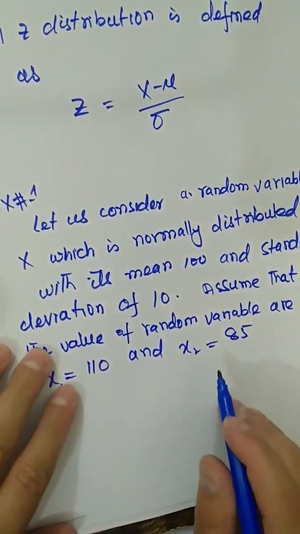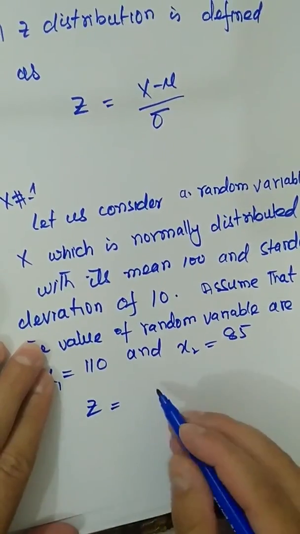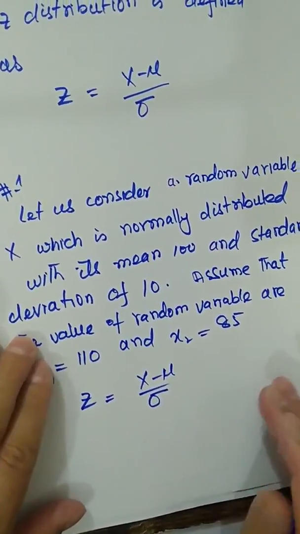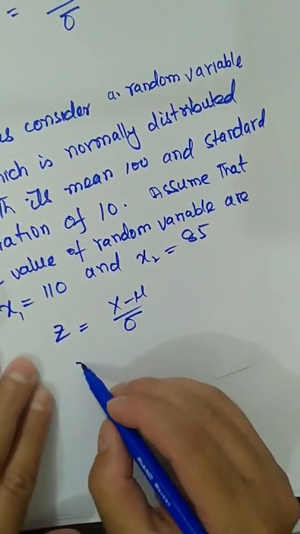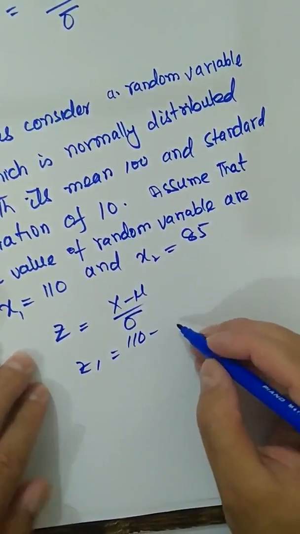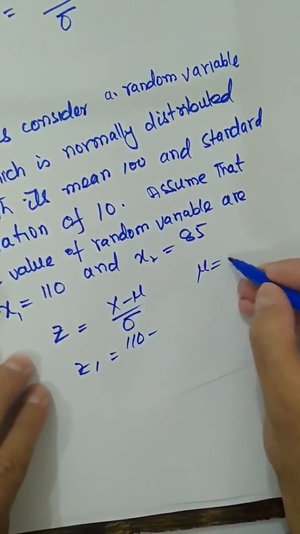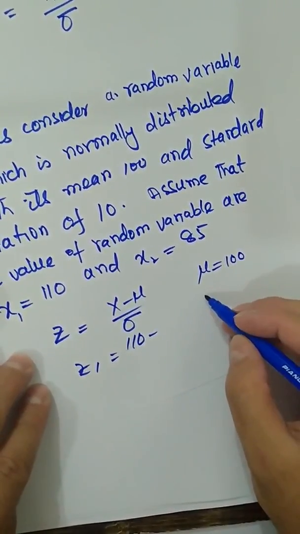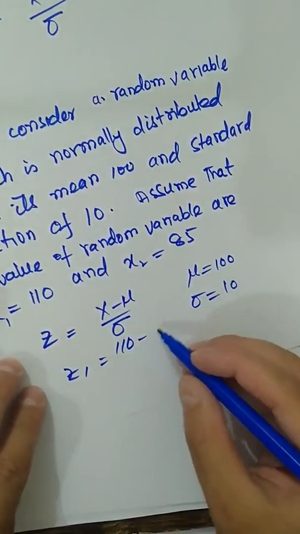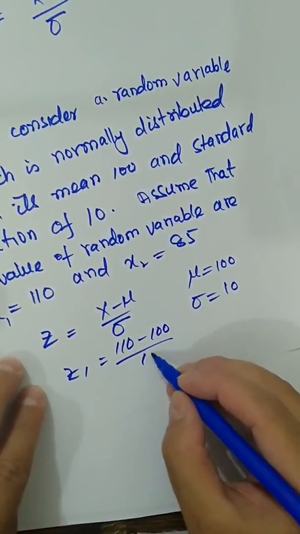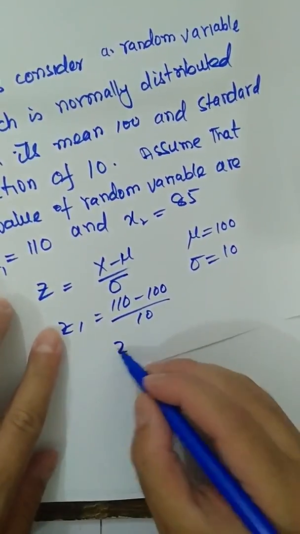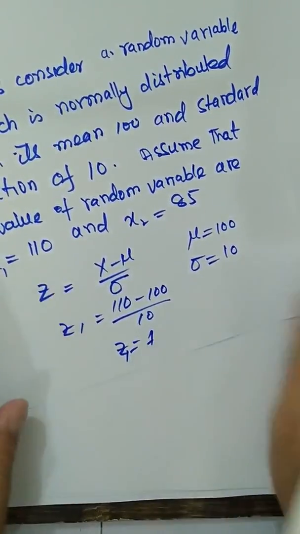Now z would be x minus mu divided by sigma. In the first case, z1 is equal to 110 minus 100 divided by 10, because the mean is 100 and the standard deviation is 10. So I get z1 equal to 1.